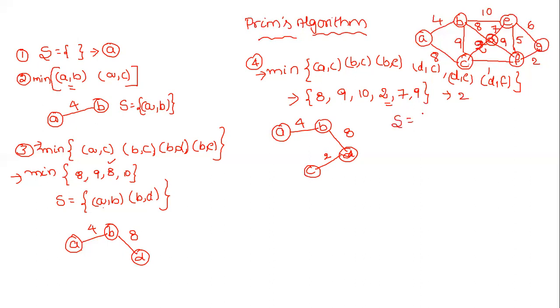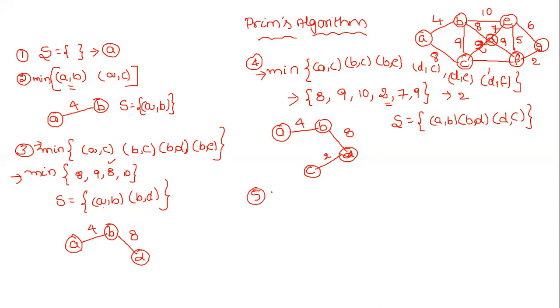And the spanning tree becomes A to B, B to D, and D to C. So this is the spanning tree. Here A, B, C, D, four nodes are visited already. Then the remaining E, F, G, three nodes are going to be added.